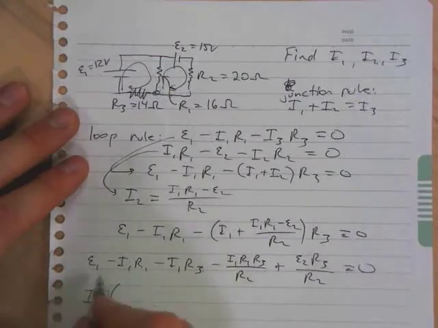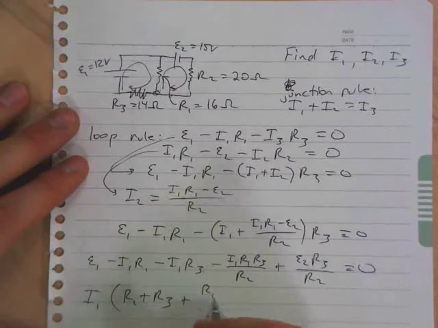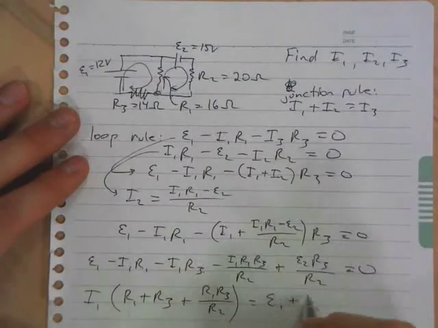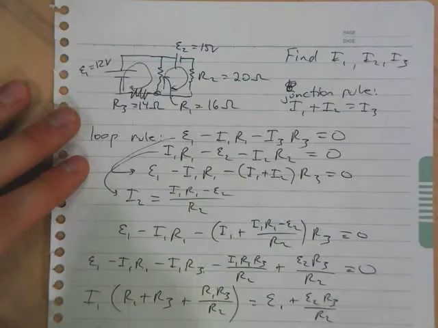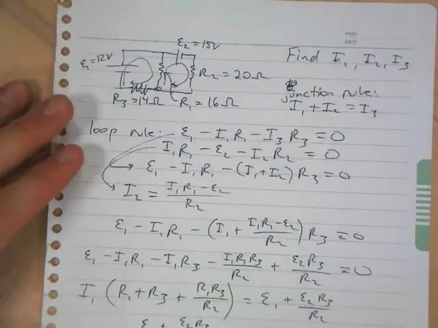Then we collect all of our terms, and we've got I1 times R1 plus R3 plus R1, R3 over R2, and that's equal to E1 plus E2, R3 over R2. So our current through the first resistor is E1 plus E2, R3 over R2, over R1 plus R3 plus R1, R3 over R2. Hairy algebra.